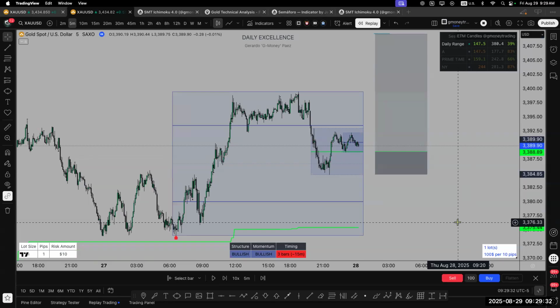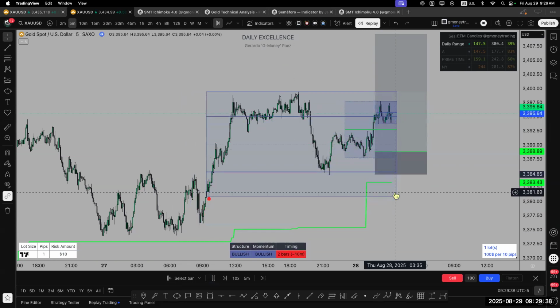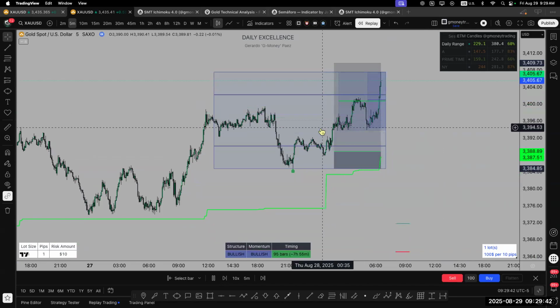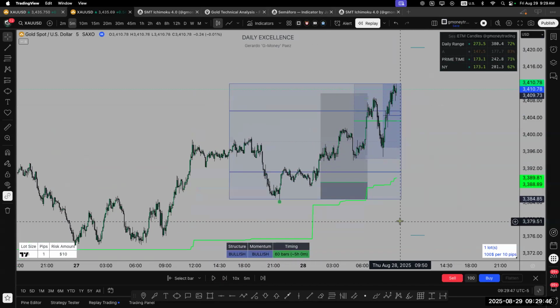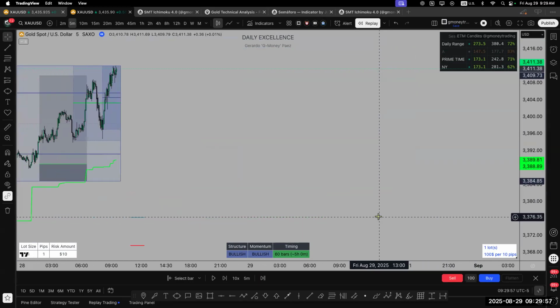All right, guys. Again, a lot of stuff is happening in the mix of things. But that right there, guys, is a perfect setup and a perfect movement on momentum. How it reestablishes right there.